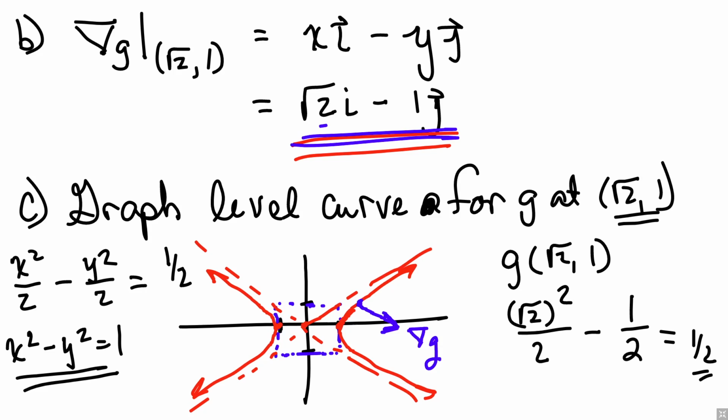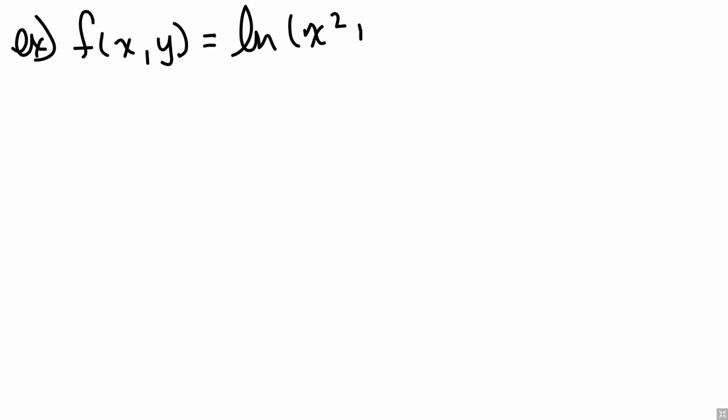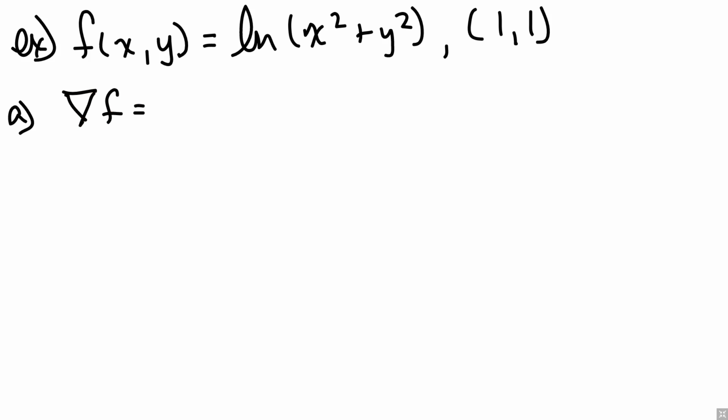Okay, so let's look at another example. For our next example, we're told that f of x, y is equal to the natural log of x squared plus y squared, and we're given the point 1, 1. To start off, part A, we're going to find the gradient of f. What's going to be the first term?